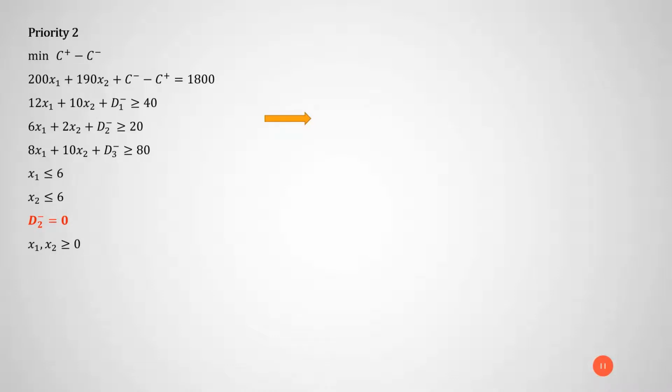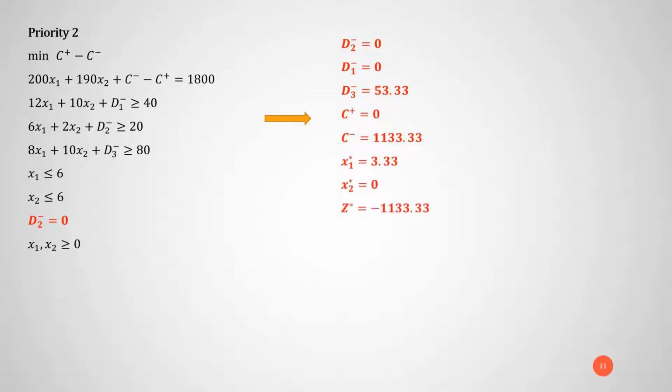The related objective function for this priority would be C plus minus C minus, and I have the hard constraint D minus 2 equal to 0. So I will solve this and get the related values here, as you can see.